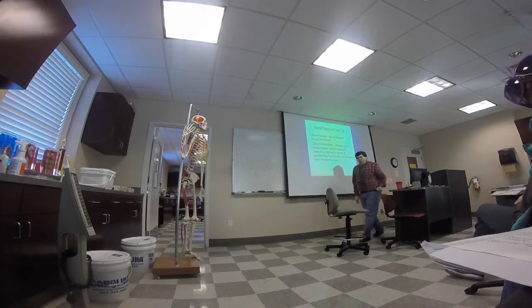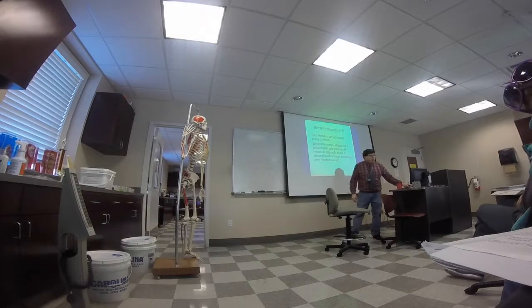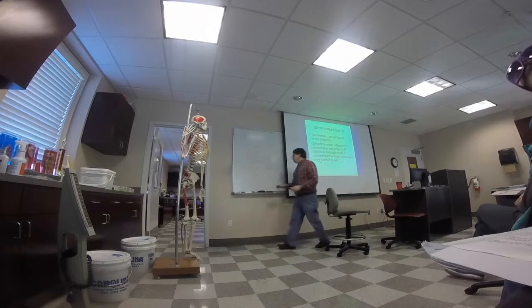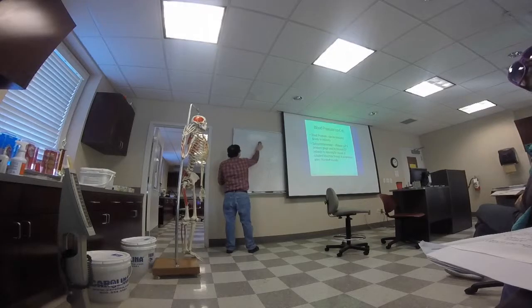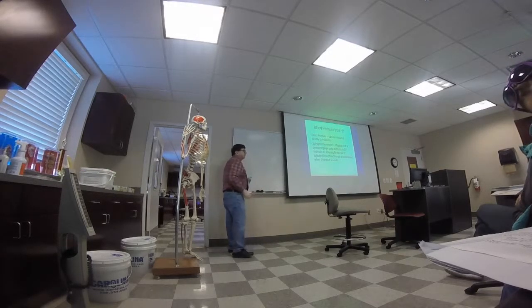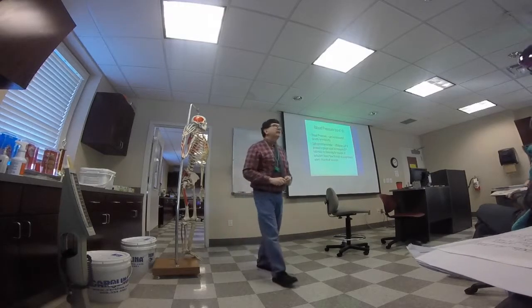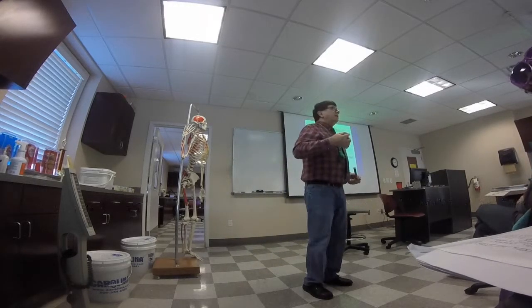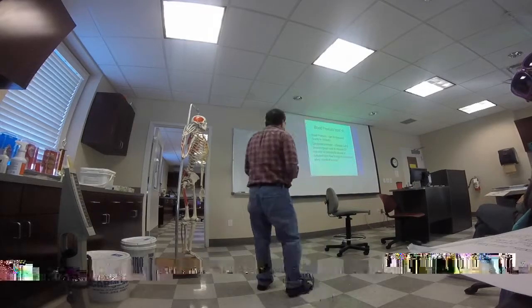Now, you can measure blood pressure either directly or indirectly. If you were going to go for cardiac bypass surgery, the anesthesiologist would want to be able to keep a constant tab on your blood pressure.